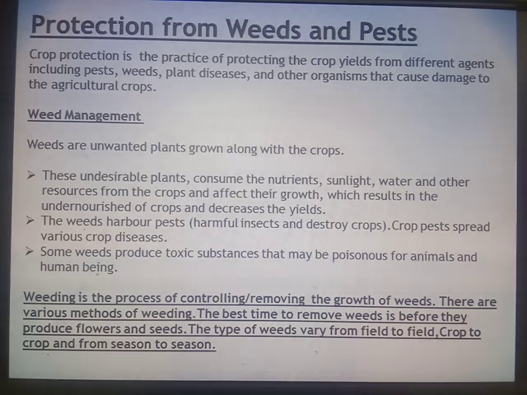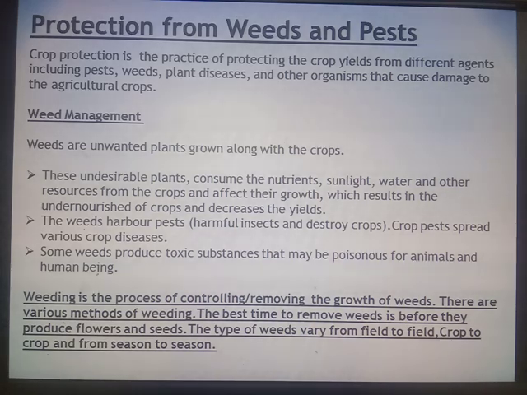These type of weeds or unwanted plants give shelter to the harmful insects, and that's why they destroy the crops. Some weeds produce toxic substances that may be poisonous for animals as well as for human beings. So weeds may be toxic, so their removal is a must.